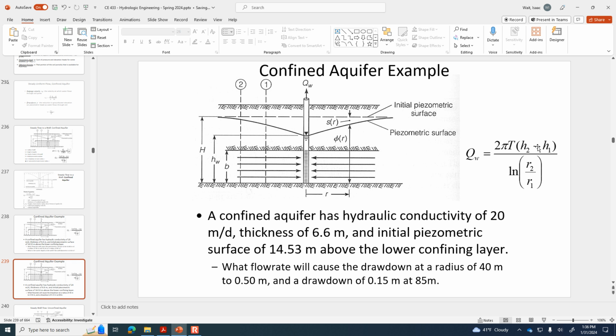This is the drawdown. The formula doesn't want that little amount. The formula wants this big amount. So if you're given the drawdown, you'd need to calculate the H's based on this initial height that would be given. So H is defined, the overall H, given the drawdown. So it's just one additional step to find the H's. Great question. Are there any others?